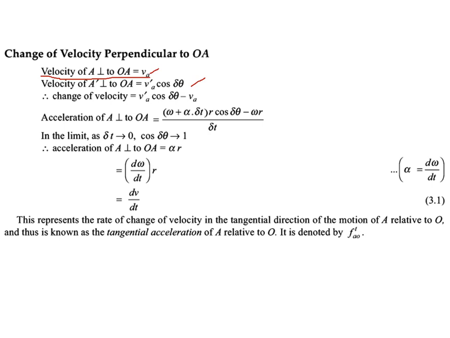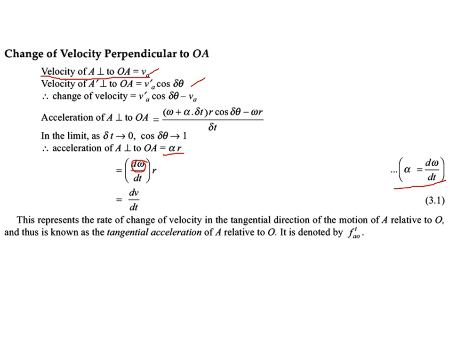Then in the limit as del t tends to 0, cos del theta is again equal to 1, and therefore the acceleration of A perpendicular to OA becomes alpha into r. This alpha is the angular acceleration, the differentiation of omega, so alpha is d omega by dt.